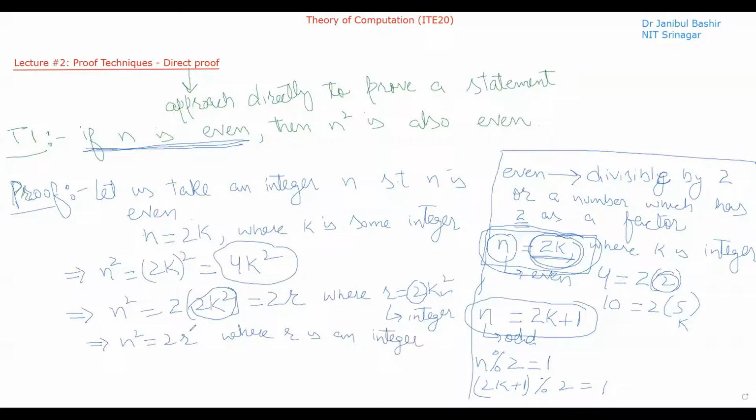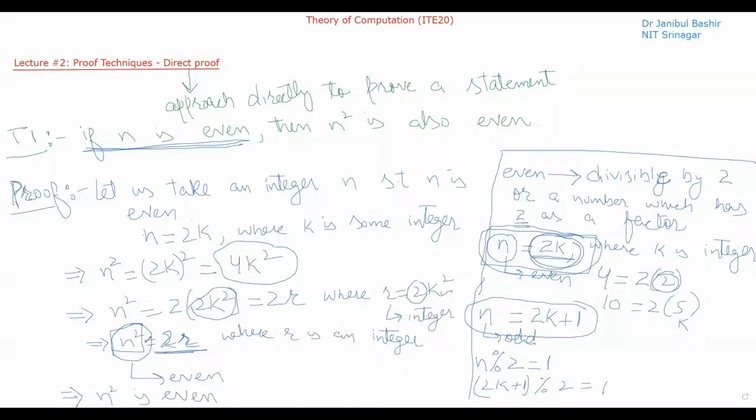Okay, so you can see that here n square is written as 2 into an integer, and we know whenever some number is represented as 2 into r, that means that particular number is even. So from this we imply that n square is even. Why is n square even?